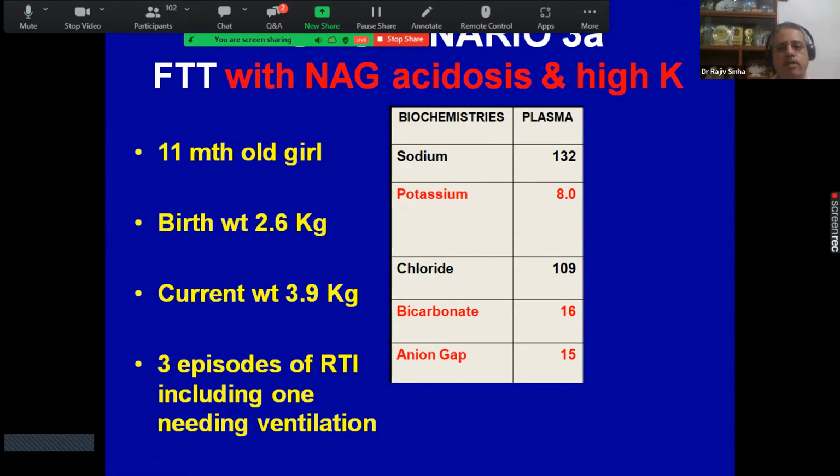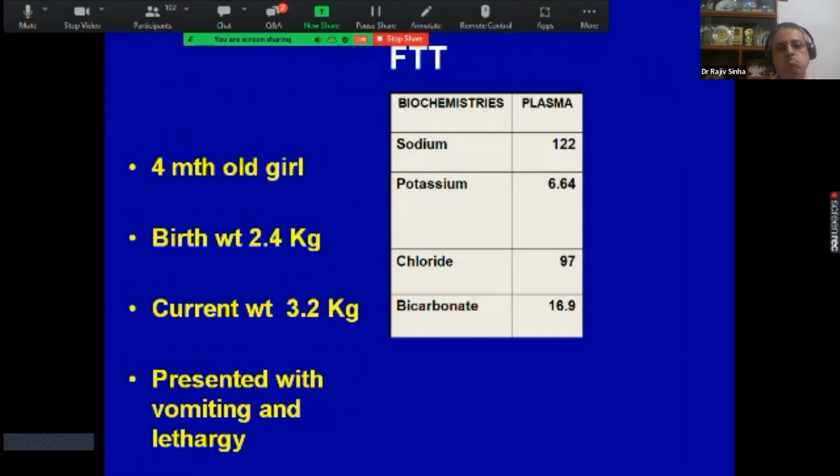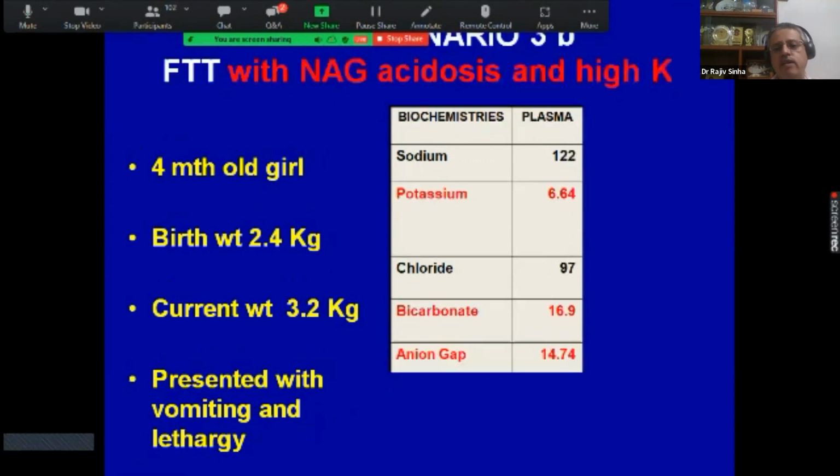So slightly different. The first two children had a normal anion gap metabolic acidosis with hypokalemia. This one was a normal anion gap metabolic acidosis with hyperkalemia. Similarly, here also a 4-month-old girl presenting with vomiting and lethargy. Again, failure to thrive, and again the same pattern of a normal anion gap metabolic acidosis with hyperkalemia.